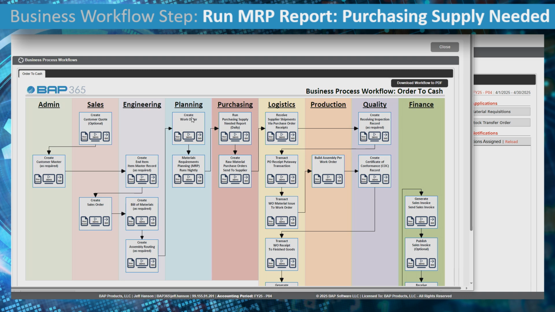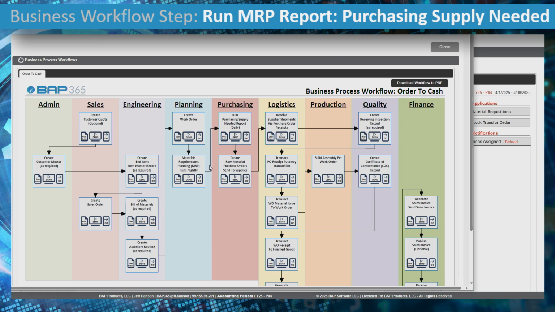So after the work order is created, there's an overnight process known as MRP, or Material Requirements Planning. It runs every night, and it basically looks at all the open work orders and starts planning for the raw materials you need for those work orders.